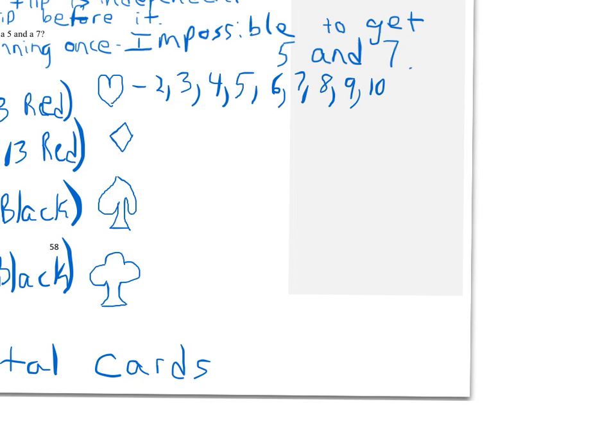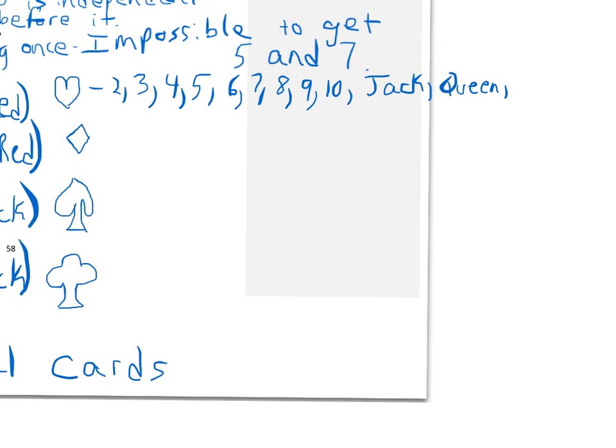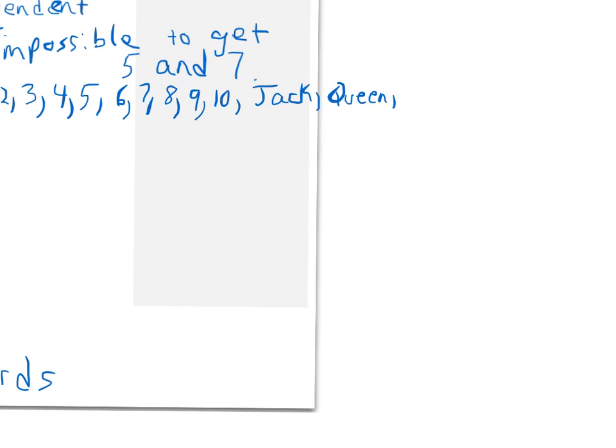And then there is also a jack, a queen, a king, and an ace. Now, these cards right here, the jack, queen, king, those cards are often referred to as face cards.